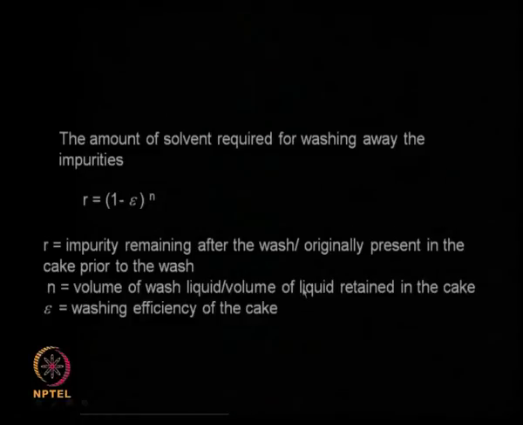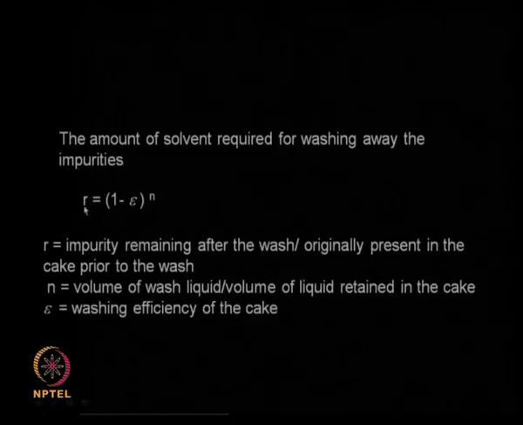Because this is a solid, the solid will always retain some amount of liquid, which depends upon the amount of wash liquid we use. So N is a function of the volume of wash liquid divided by the volume of liquid retained in the cake. All these are related to the impurity remaining after the wash.